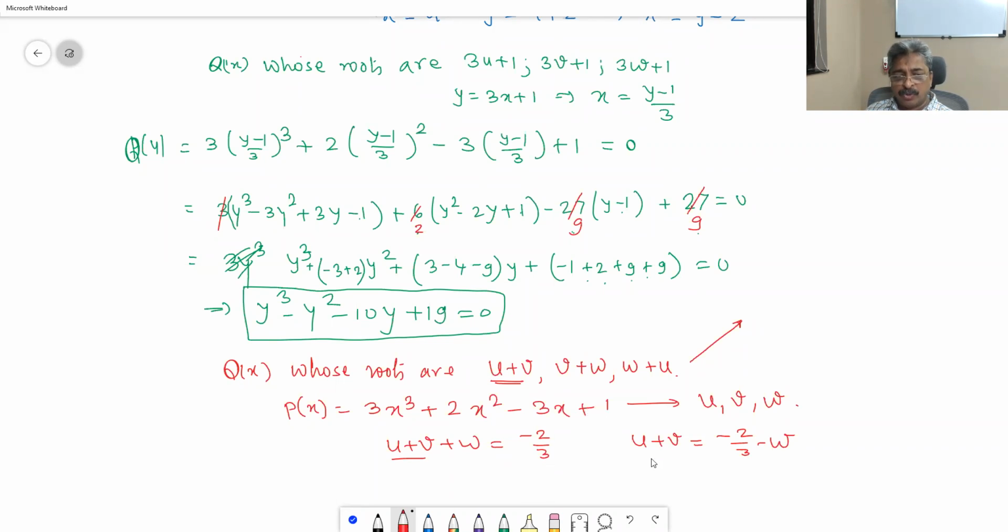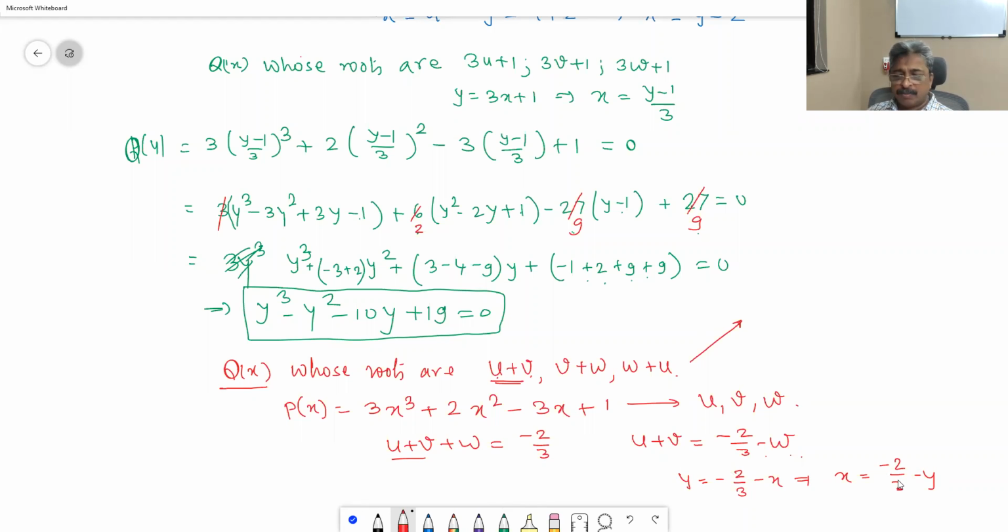So you want to find out polynomial q of x whose roots are, instead of u plus v, I can say whose roots are minus 2 by 3 minus w, minus 2 by 3 minus v, and minus 2 by 3 minus u. That is correct. Therefore, y is equal to minus 2 by 3 minus x makes it x is equal to minus 2 by 3 minus y.